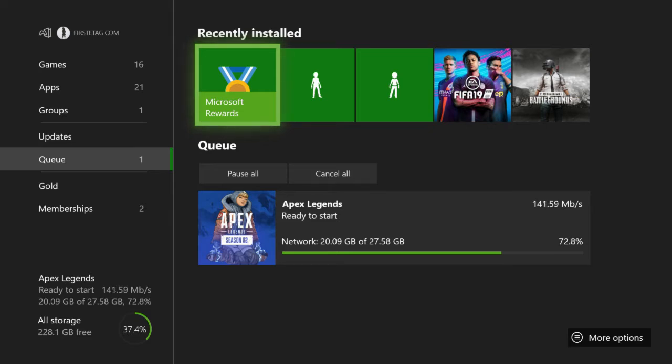No, I don't know if other people are using the internet, and that's what's causing the dropout of 100 megabits per second. That might be the issue. But overall, I think the speed right now is decent. And I think the overall time that it's taken for us to download the 27.5 gigabytes that is Apex Legends Season 2 is reasonable.